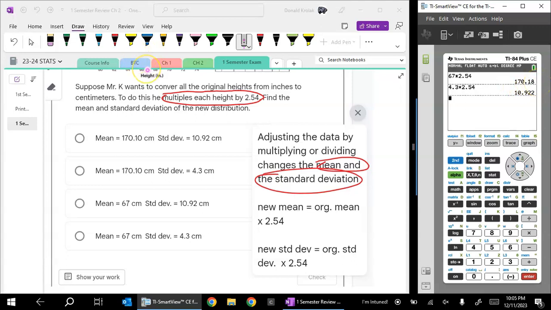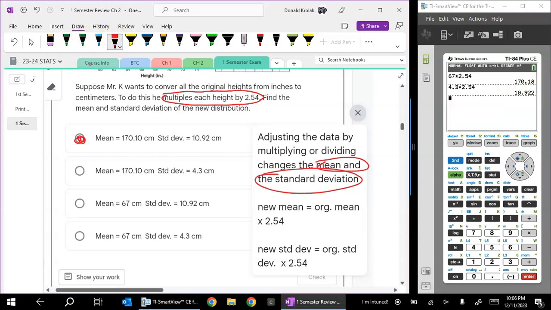And then for the standard deviation, I'd also multiply it by 2.54, and I get 10.92. So my new mean and standard deviation are 170.18 and 10.92. Both of them change when you're multiplying and dividing.